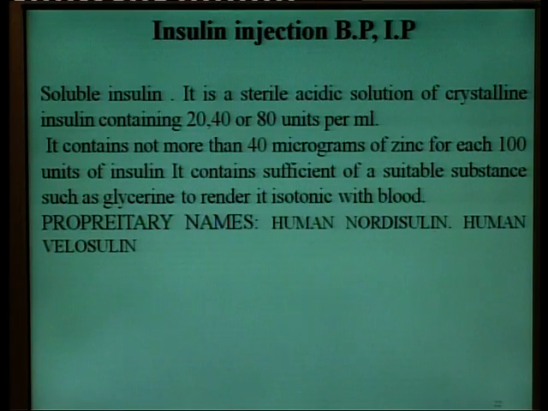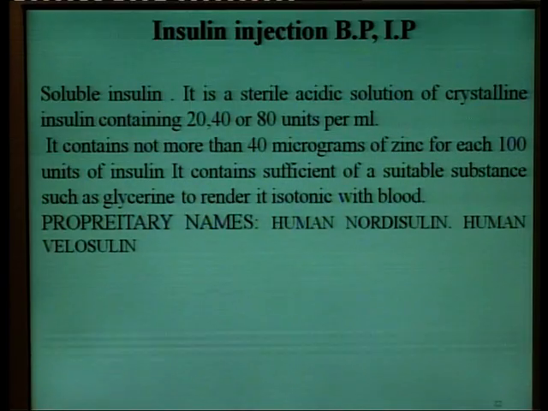Next is the insulin injection, official in the British Pharmacopoeia as well as the Indian Pharmacopoeia. Soluble insulin is another name for insulin injection. It is a sterile acidic solution of crystalline insulin containing 20, 40 or 80 units per ml.